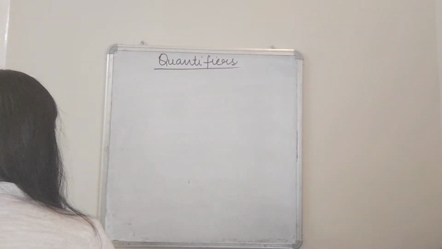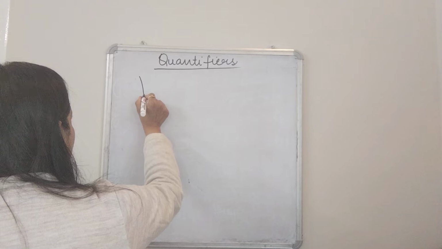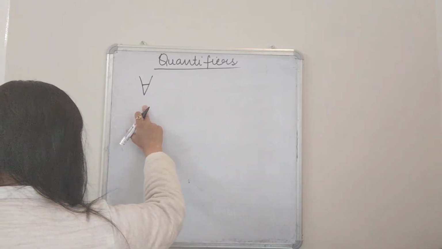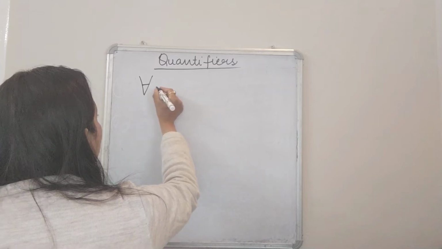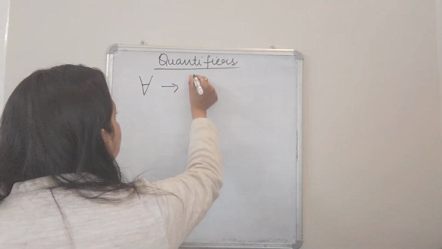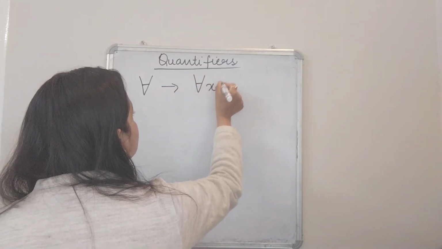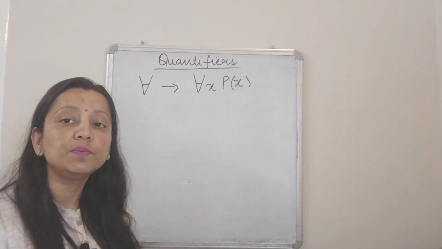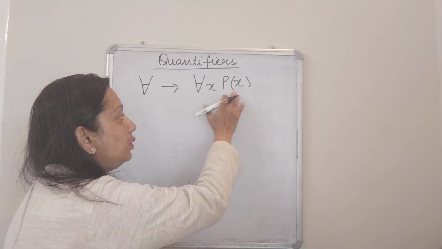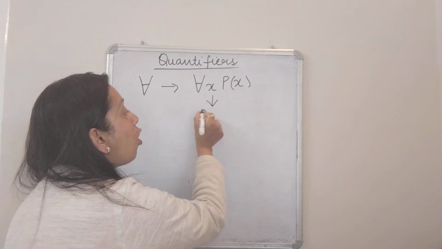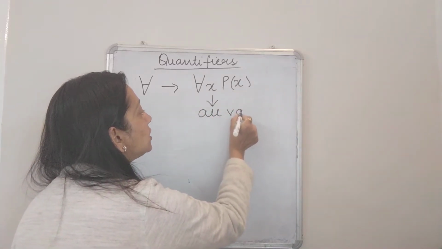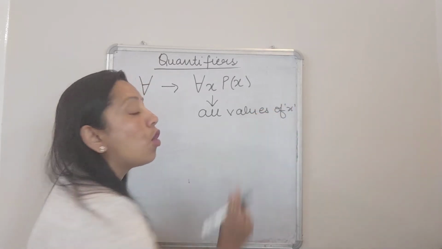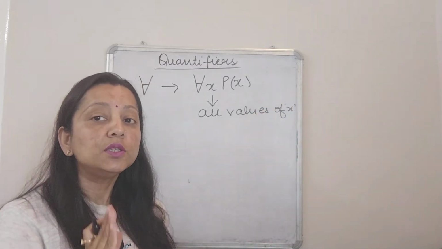When I talk of the universal quantifier, which is denoted by this inverted A symbol, and I am talking of some variable x, I say for all x P of x. What does this mean? When I say for all x P of x, that means for all the values of x from the domain.